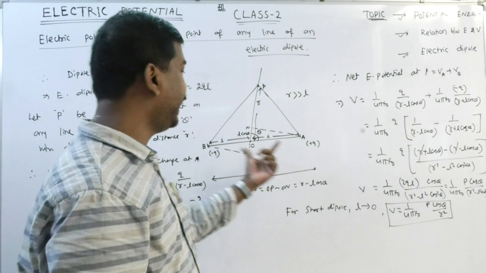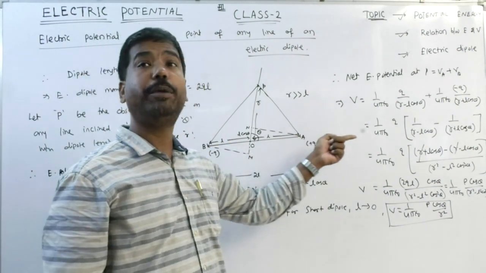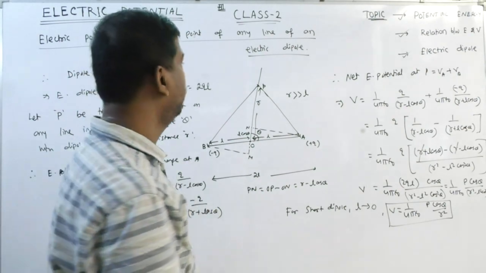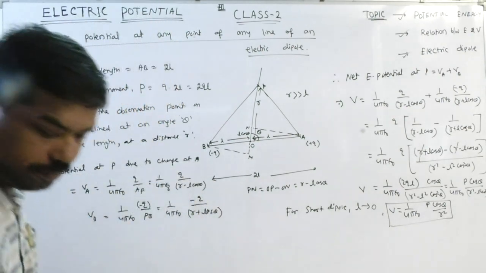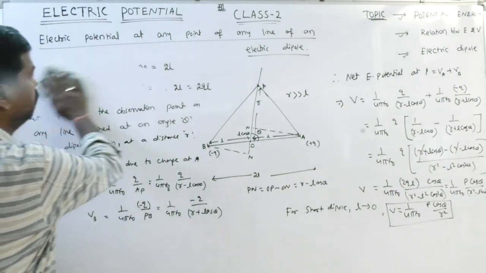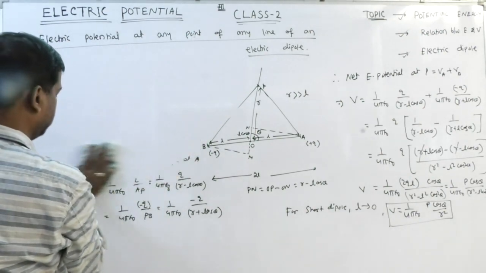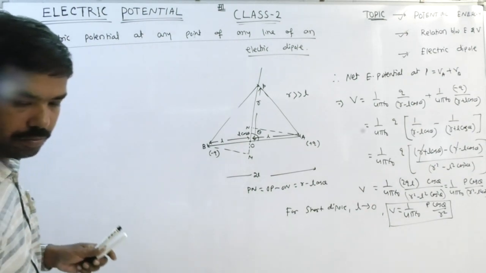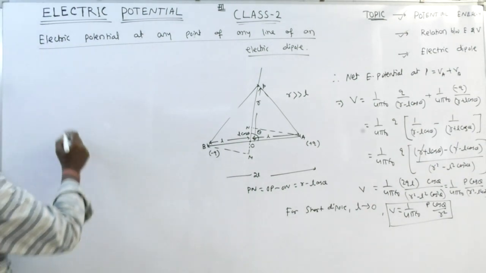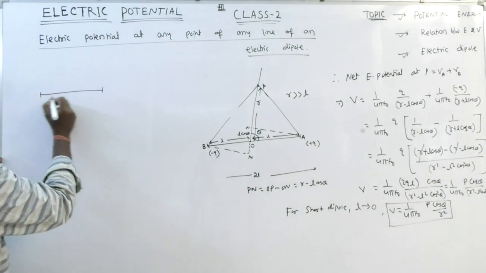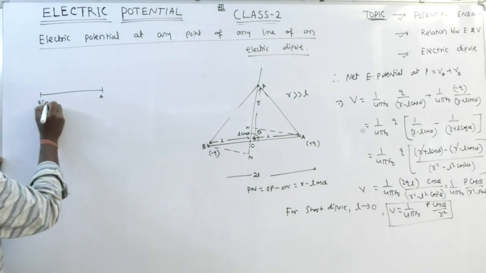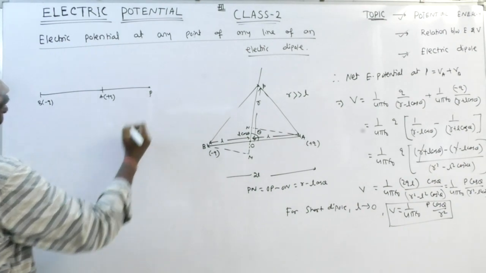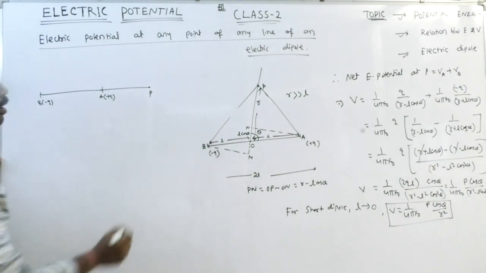Listen to me. For an axial line, the line that passes through the dipole and parallel to its dipole length, it means theta is equal to 0 degree. That is the axial line.